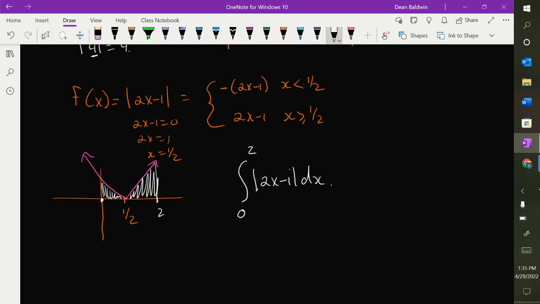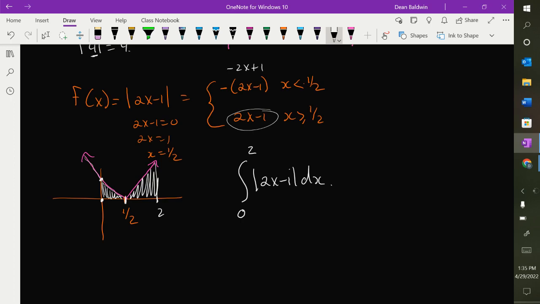This part of the line is when x is greater than 1/2, so it's that function. But this part of the line is when x is less than 1/2, so it's actually this function. If you multiplied that negative in, you'd get -2x plus 1, which means you have a y-intercept of 1 and a negative slope of down 2 over 1. That's why the line goes that way.